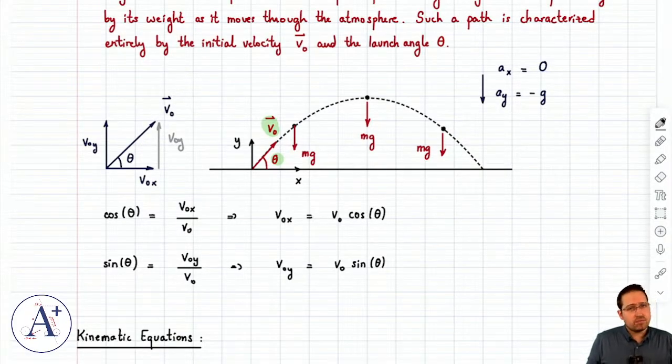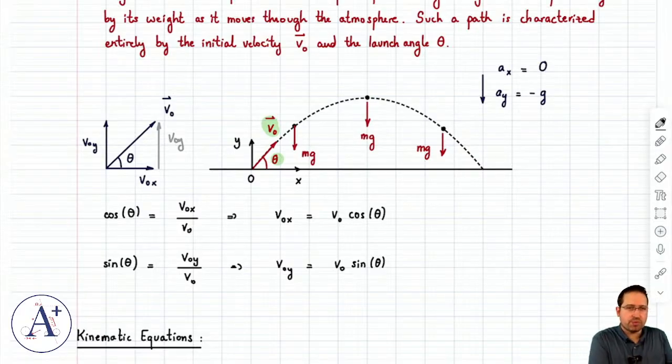And then x naught and y naught, well, those are up to you. Now, if you give me the choice, I will probably put my origin here at the launch point. Now, things can get a little tricky if you launch from a certain height. Maybe you want to put the origin on the ground, maybe you want to put it at the launch point. That's up to you.